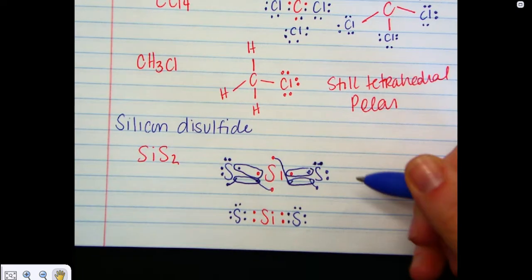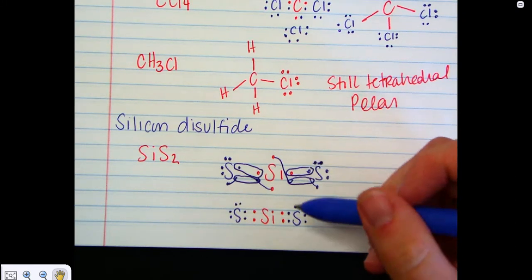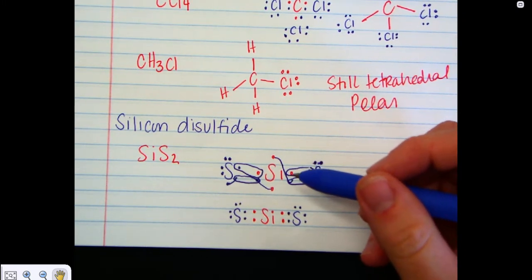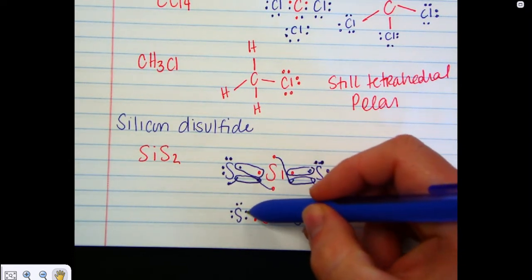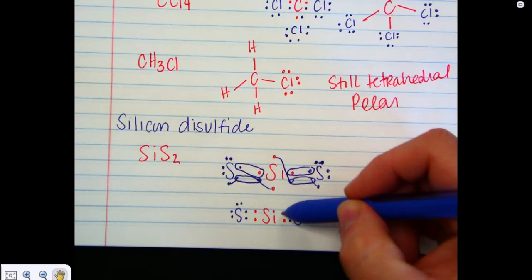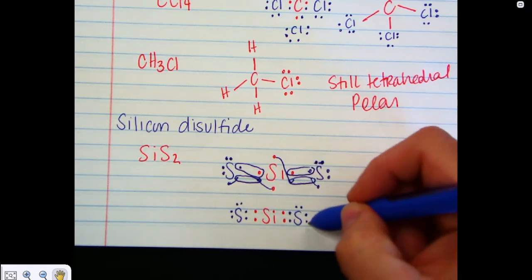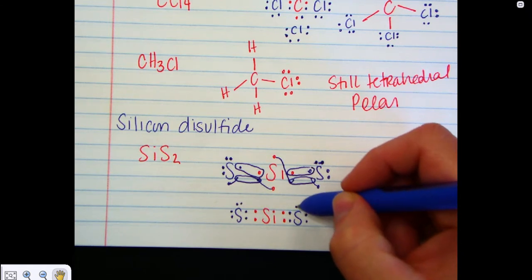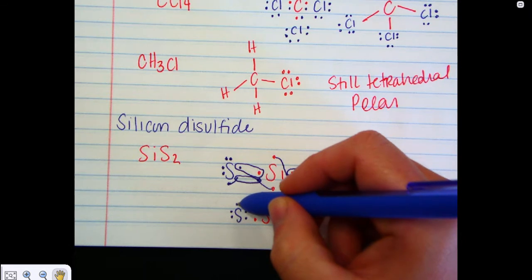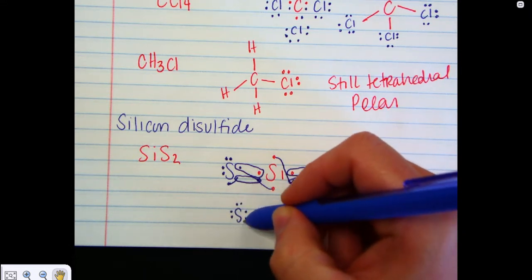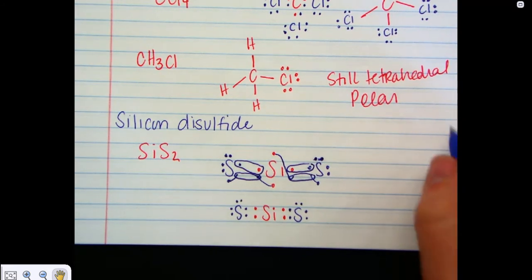If we look at this, both silicon and sulfur feel like their octet needs have been satisfied, right? So silicon feels like it has 1, 2, 3, 4, 5, 6, 7, 8 electrons. And sulfur feels like it has 1, 2, 3, 4, 5, 6, 7, 8. And over here, 1, 2, 3, 4, 5, 6, 7, 8. Everyone is satisfied with the octet rule.